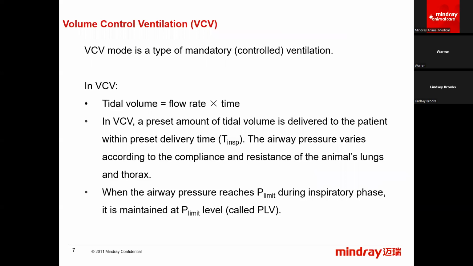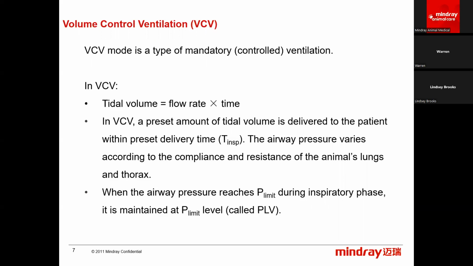Starting out with our mandatory ventilation modes, we have volume control. We all know our tidal volume is our inspiratory flow rate over the period of time of our respiratory cycle. So in VCV, we have a preset amount of volume delivered at a preset time, at a preset rate.